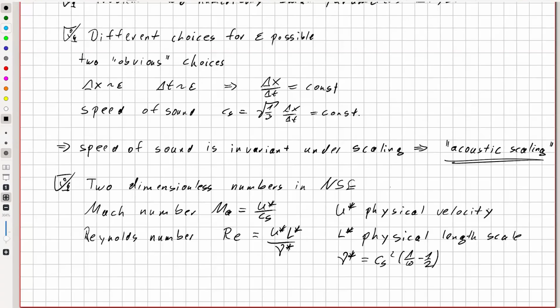So if Cs square comes in units delta x, or if Cs comes in units delta x by delta t, then we have to add here 1 delta t, and this is viscosity.